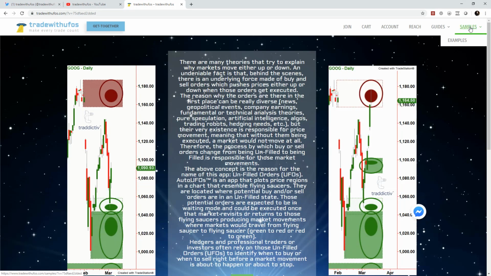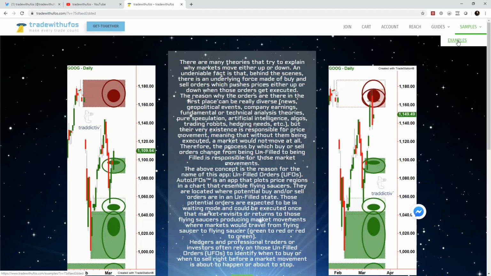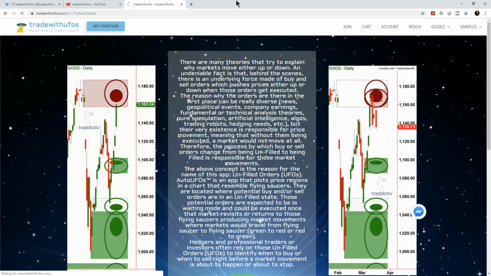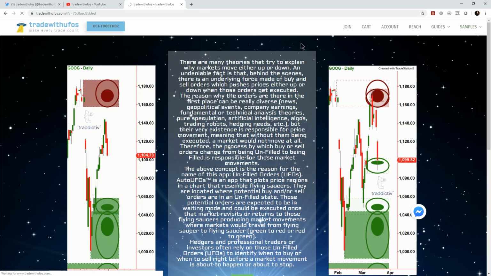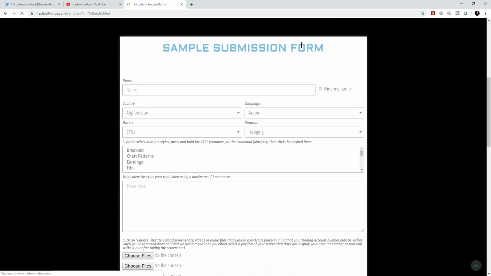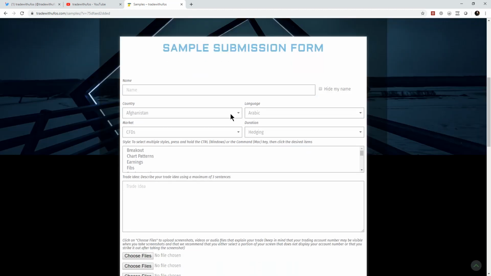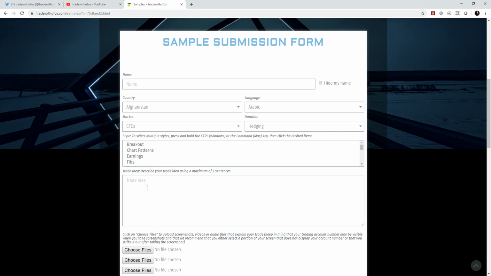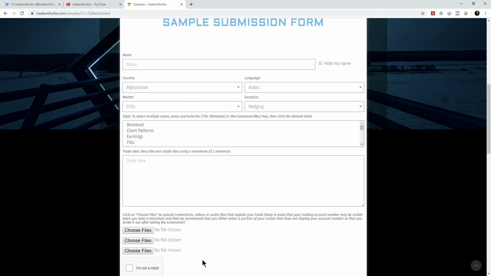Here you have the sample section, where you can look at examples, but you can also click on samples, and when you click on samples, you get a form. There's a sample submission form where you can add your name, country, language, market, duration, type of trade, trade idea, and upload files, so that everybody uses the same format for the posts.